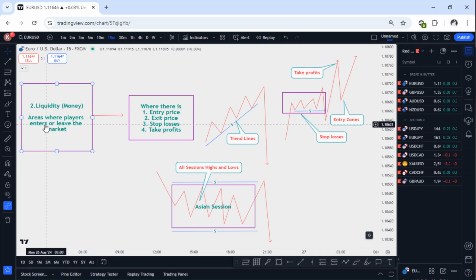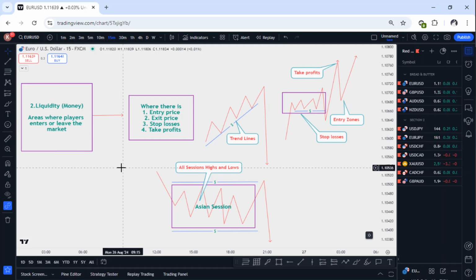Generally it is the areas where players enter or leave the market. So if somebody asks you what is liquidity, you just respond by saying money: where the money is in the market, where the big boys are stacking money, where retailers are putting their orders, and anywhere that money is being interacted with in the market, that is what is referred to as liquidity.